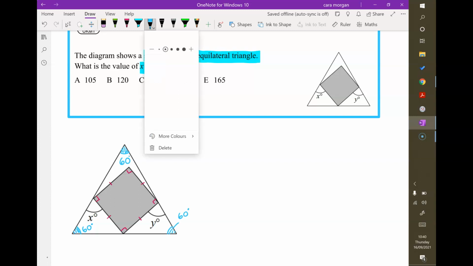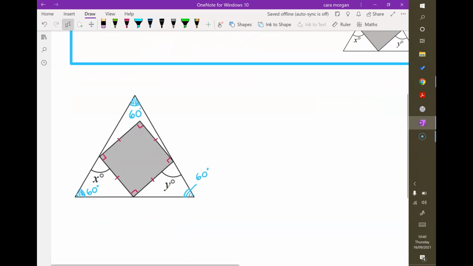The way I'm going to approach it may be very different from the way you're approaching it. There are lots and lots of ways of answering this question, but I'm just going to show you the way that I liked. When I look at this bottom left-hand triangle involving x and 60 degrees, I notice that I've got another angle here, and the three angles have to make 180 degrees when I add them together.